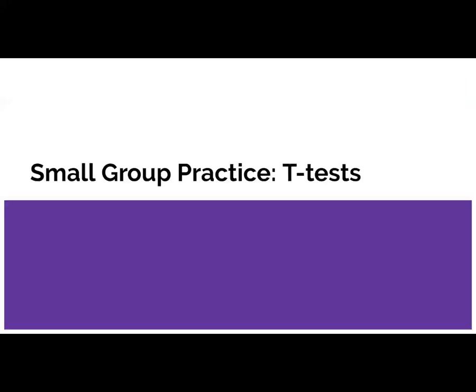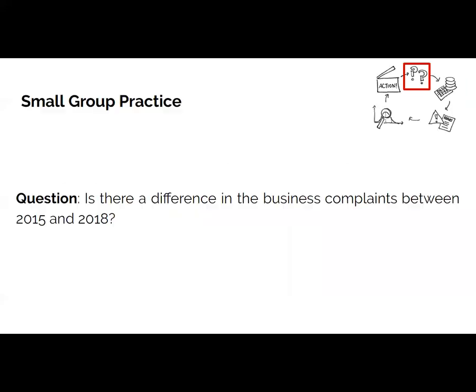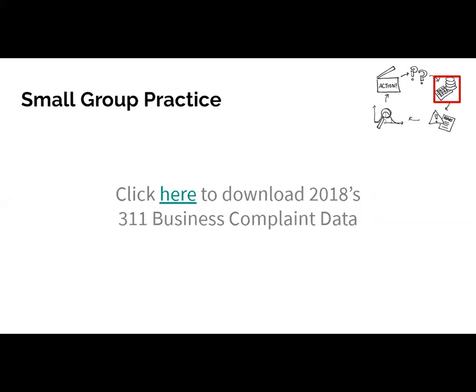Okay, let's do a small group practice really quickly because we have the time and I want to make sure it's really locked in. So my question for you is, is there a difference in the business complaints between 2015 and 2018? So again, are we running paired or independent? Independent, good. So there's the data. You already have 311 for 2015 downloaded.